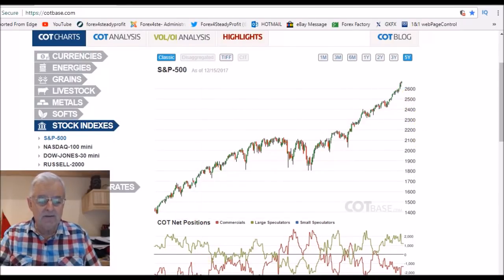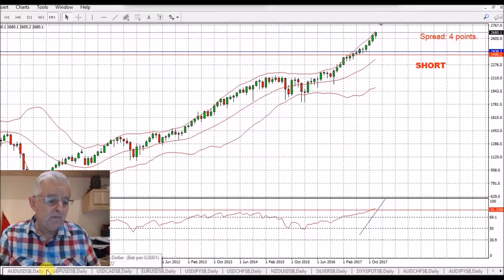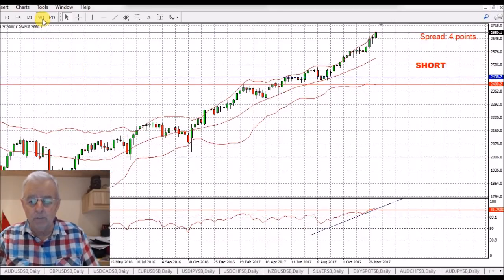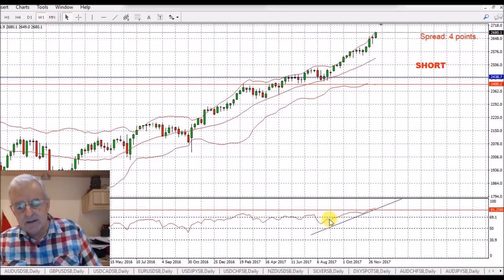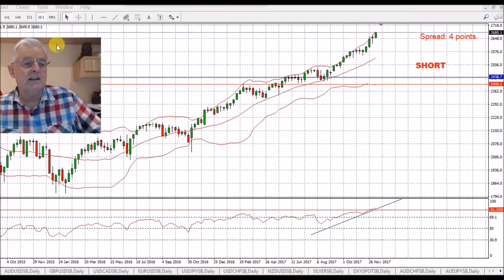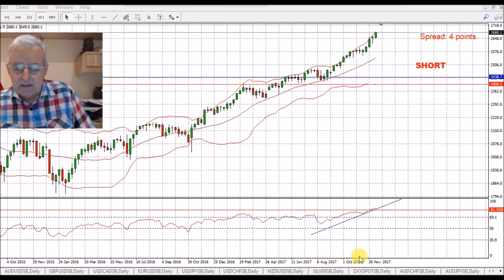If you look at it on the chart, this is the S&P 500. This is a monthly chart, but let's just pop it on a weekly chart. And I put my trend line up, and this has gone now above recent highs on the RSI. Let's move my picture out of the way.